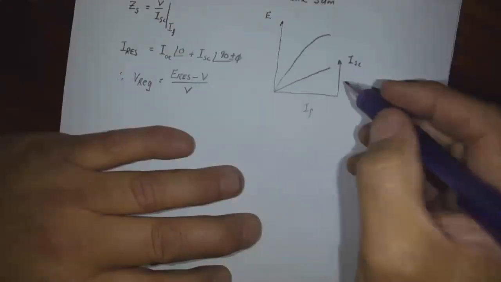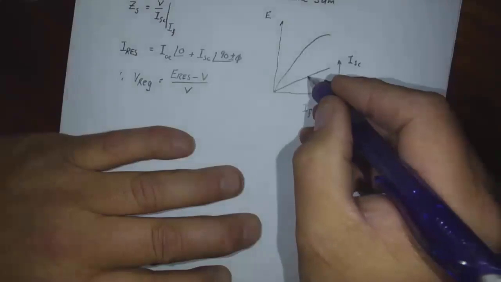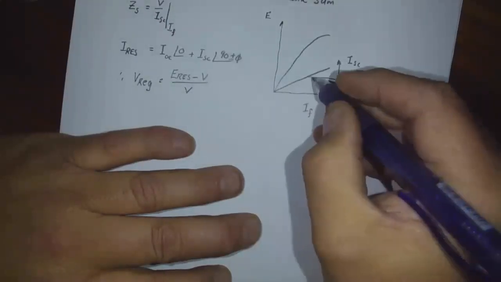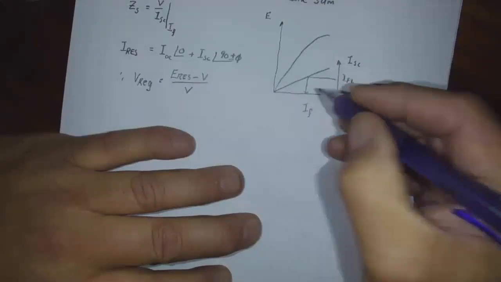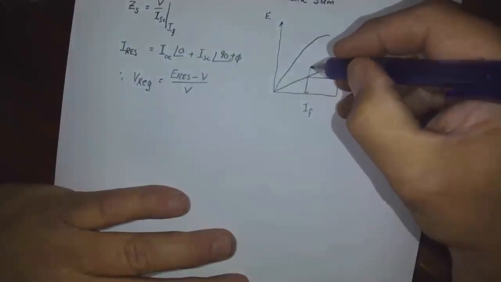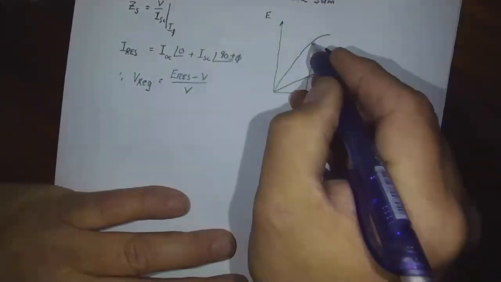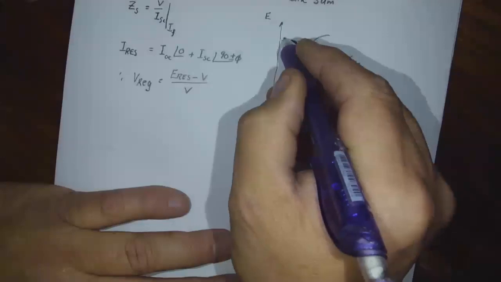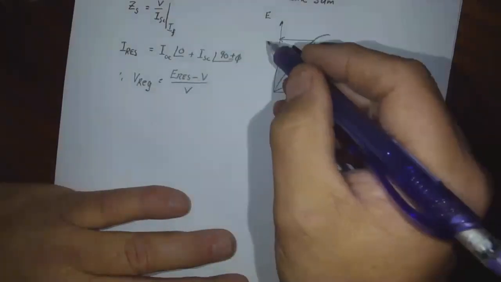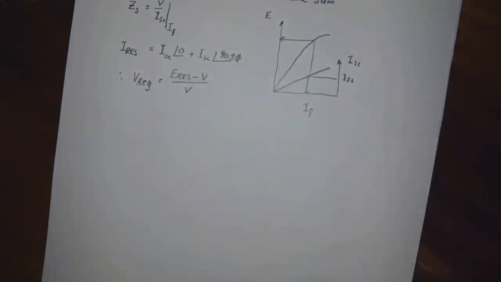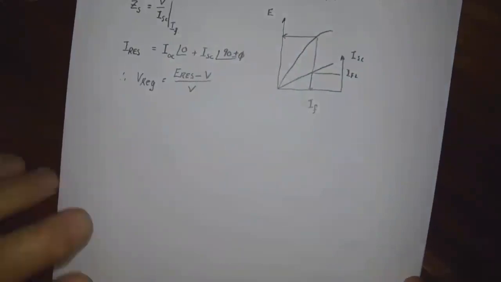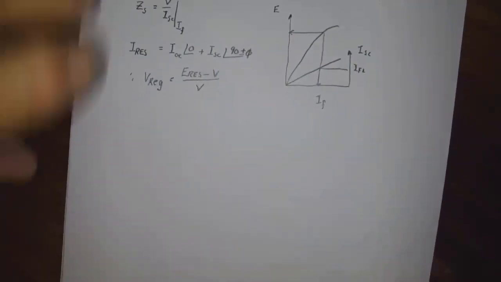So now, if we go to full load, let's say I full load, then we get a certain excitation, which is that one. And now if we go straight up, that will be the voltage that gives rated voltage. But if you prefer, you can use two different graphs. It doesn't really matter. Now let's look at an example.